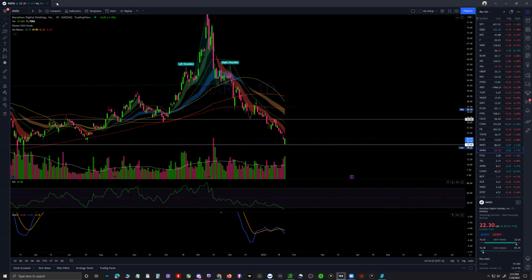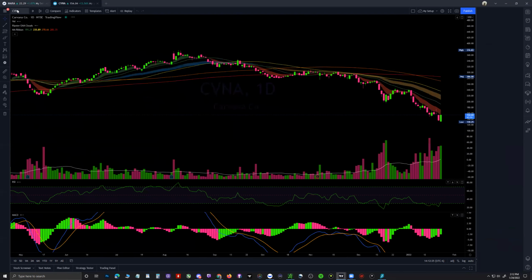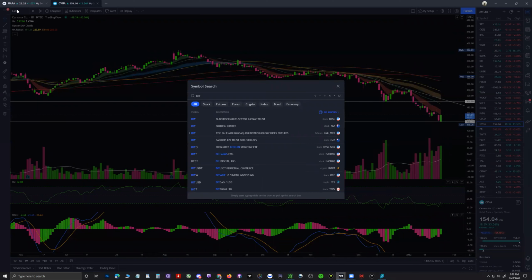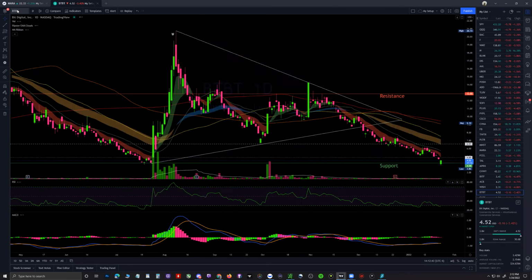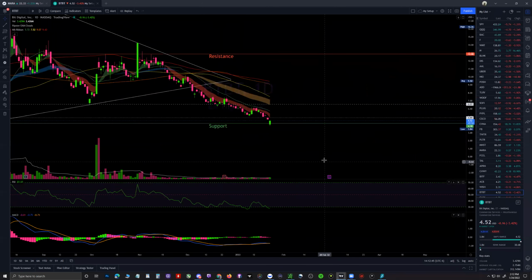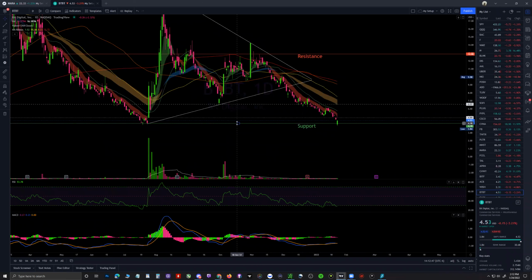Let's take a look at some of the other ones. BTBT, see what BTBT is doing. Also green today, also bouncing off support.